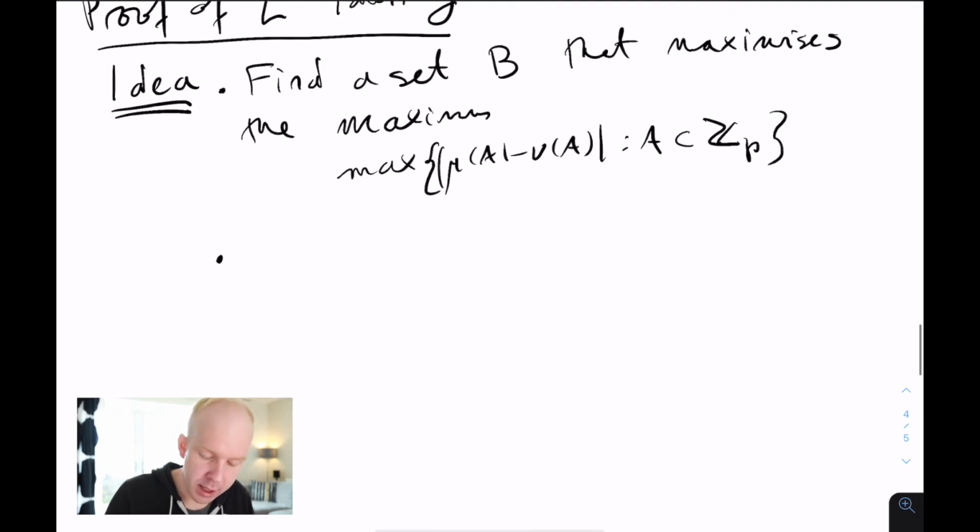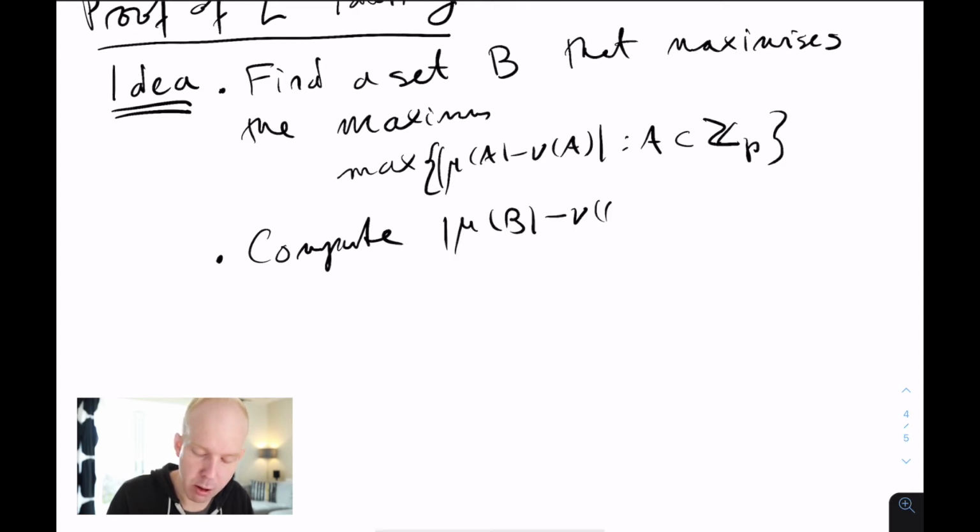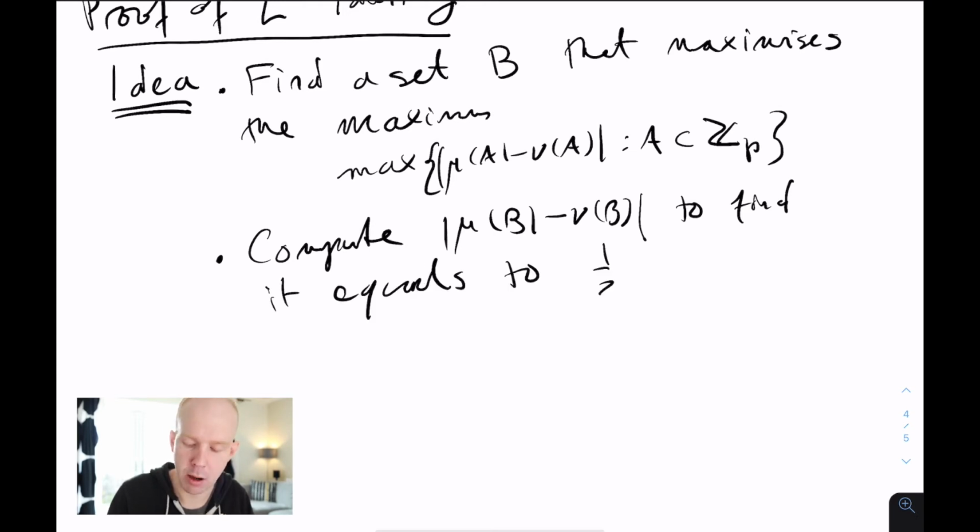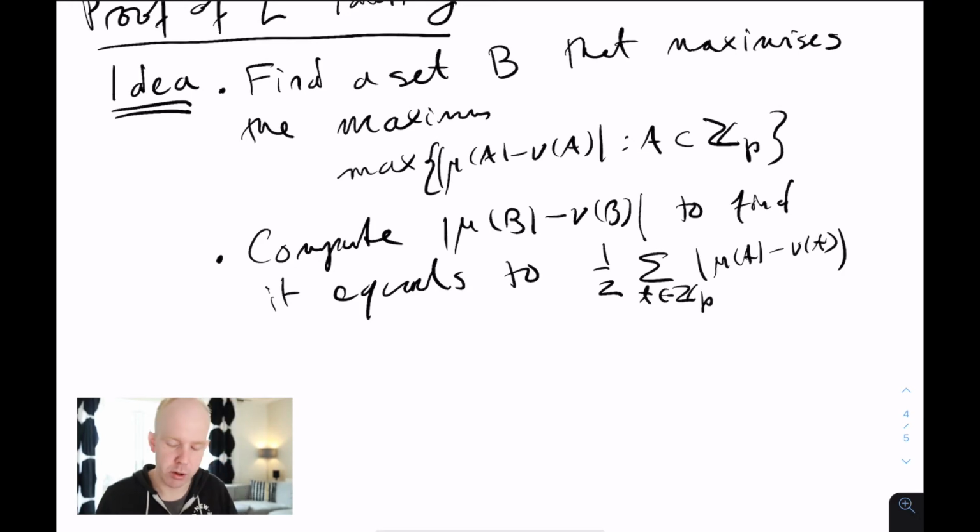And then the second thing to do is to compute mu(B) minus nu(B) and find that it equals this half sum over T in Z_p of |mu(T) minus nu(T)|. So when you do the computation for this particular set B, you will see that it is this maximum that you're hoping to get.